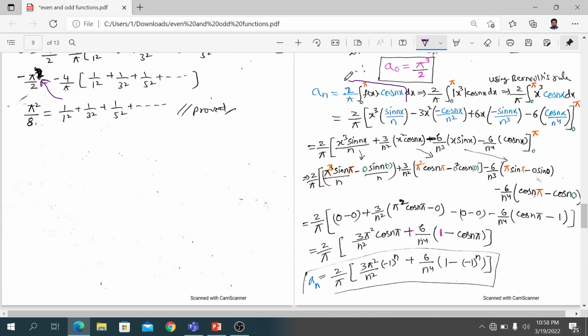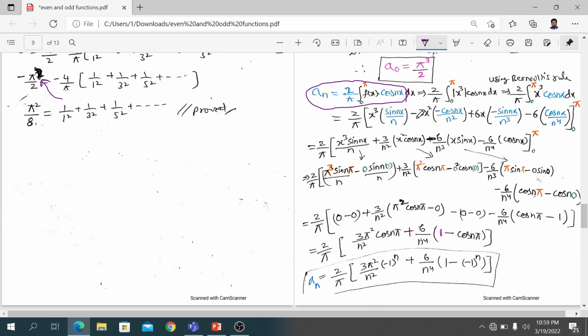this a n value. A n formula is this one: 2 by pi integration 0 to pi f of x cos nx. What is f of x? Mod x cube. What is mod x cube? Only x cube, cos nx dx. Now using Bernoulli's rule, we will find, this is u. So what is the u formula? First u minus u dash: x cube, integration 3x square. 3x square derivative is 6x, plus again minus 6x derivative minus 6.